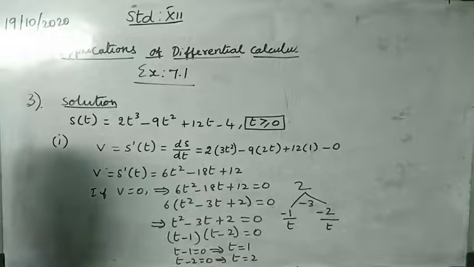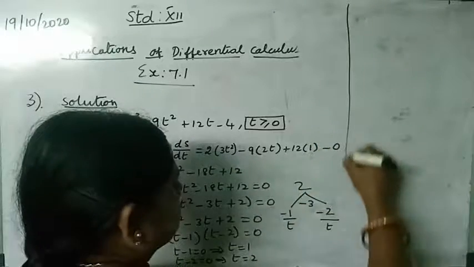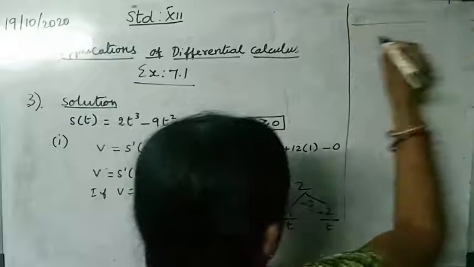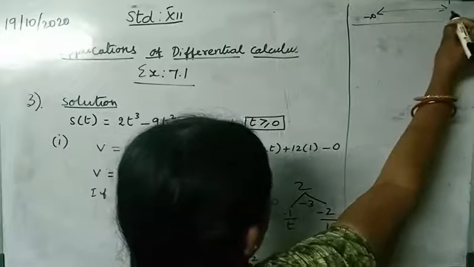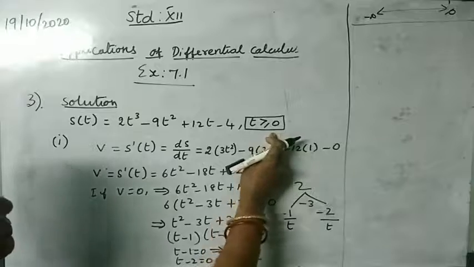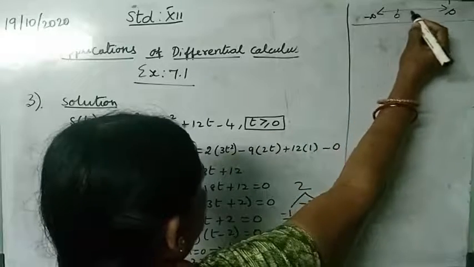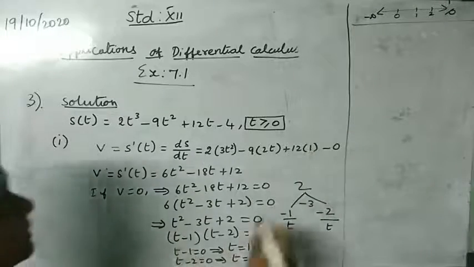Now I want to check whether at these times the particle changes its direction or not. To find that, let us take a tabular column. Take a tabular column and first of all draw a number line from minus infinity to plus infinity. Here the minimum value given is 0, but I got t equal to 1 and t equal to 2, and these are the intervals.